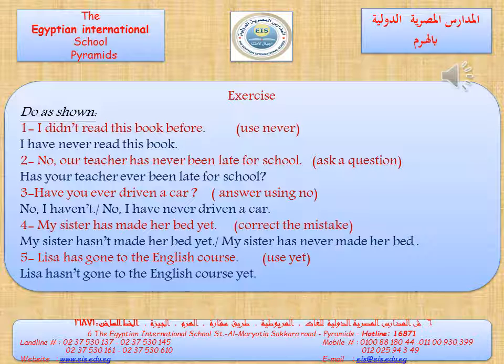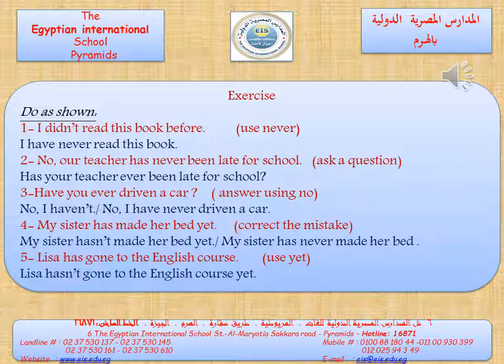Number 4: "My sister has made her bed yet." Correct the mistake. Yes, there is a mistake. I remember that our teacher told us that we can't use "yet" without "not" in the negative form, or in the question form.